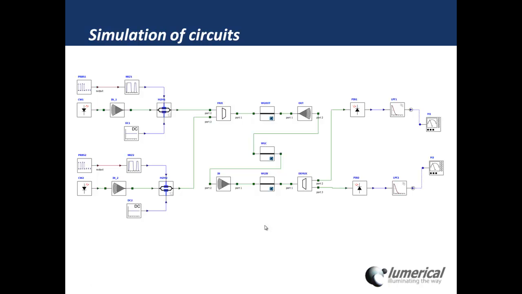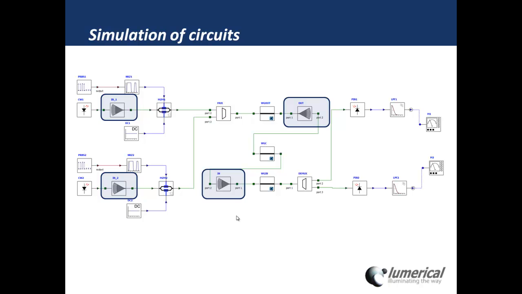And of course, in terms of simulation of circuits, we don't want to just simulate a grating coupler, waveguide, and a grating coupler. With INTERCONNECT, we want to be looking at larger scale circuits like this optical transceiver. This is a 2-channel optical transceiver, and in this design we see grating couplers being used to bring external light onto the chip, and also to output from the transmitter side into the fiber, and then to bring the light back onto the chip on the receiver side.